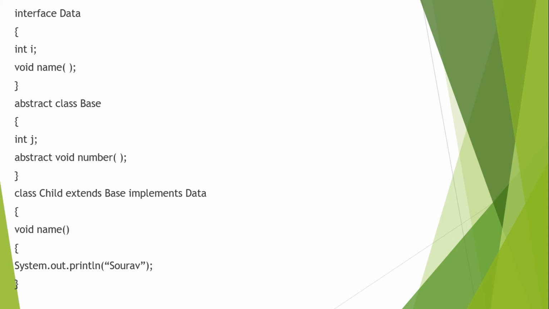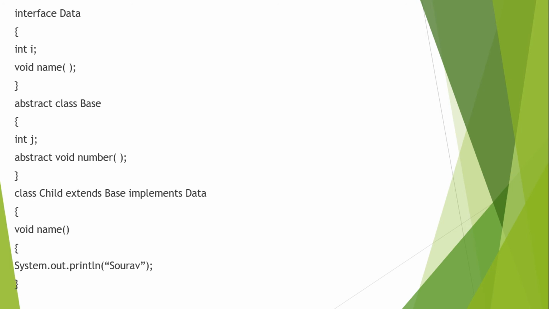Here I have declared an abstract method only. I have declared a data member int j and an abstract method. This method body is also not there, obviously, as it is an abstract method. Another class which is declared, class Child, extends Base. It means it is inheriting the class Base, and implements Data. Data is your interface. So here it is implementing Data and extending the Base class.